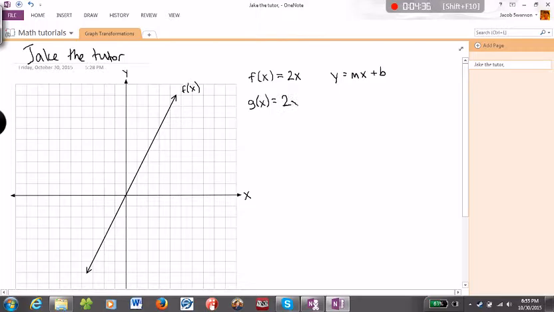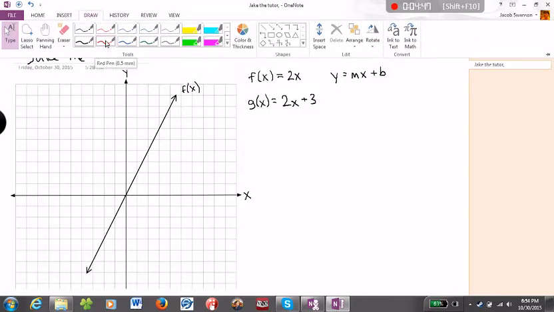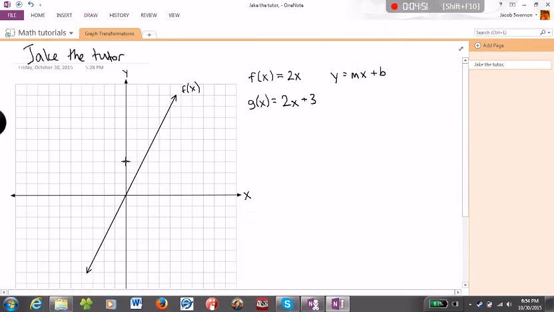This is going to be 2x, and since we're shifting it up, we add 3 to it, because that's going to be the y-intercept. We're going to make this one red, and it's going to cross here on the y-axis.